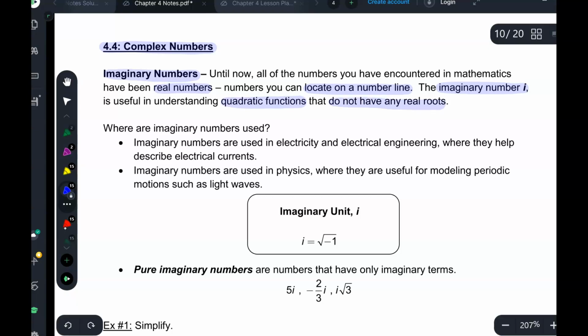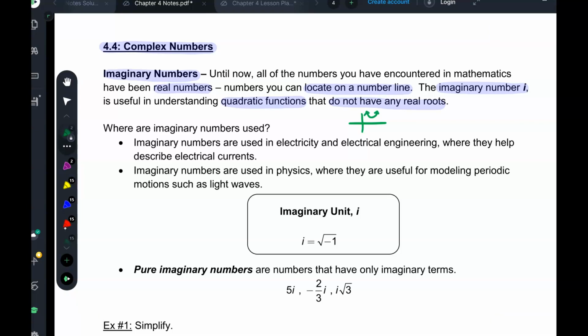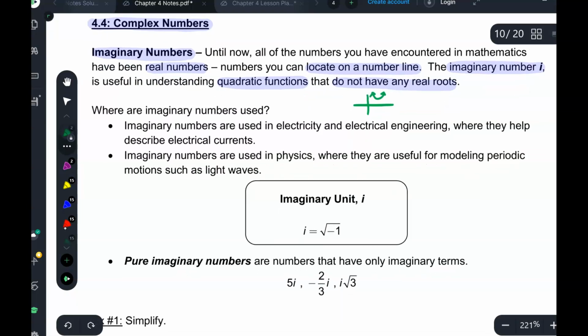So when we did the lesson talking about the roots of a function, I gave you some examples where, if you have a parabola and it does not cross the x-axis, it does not have any real roots. However, it will have imaginary roots, or complex numbers, for solutions.